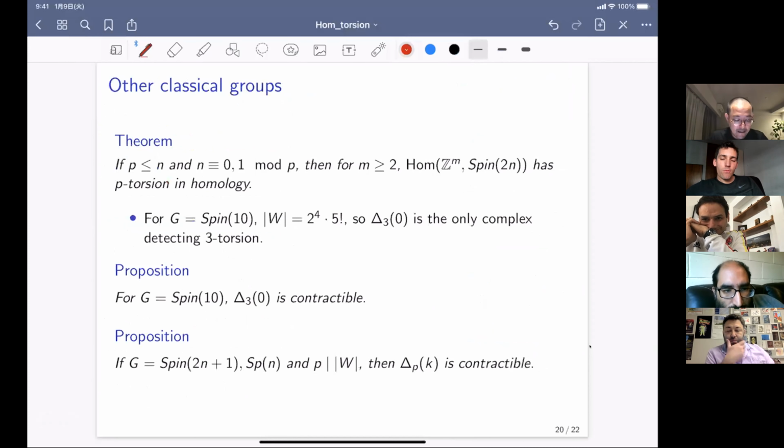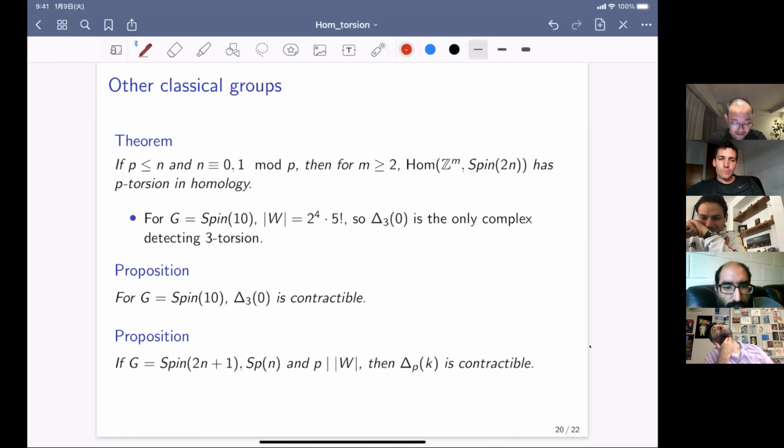But unfortunately, we cannot detect all P torsion by our method. For example, if G is Spin(10), then its Weyl group has order 2^4 times 5 factorial. So delta 30, this is the only complex detecting 3 torsion in homology in our calculation.